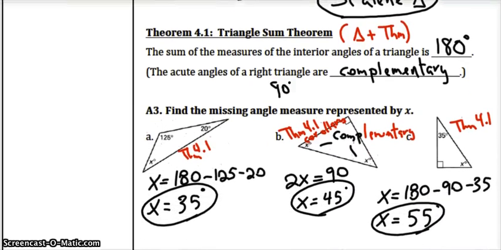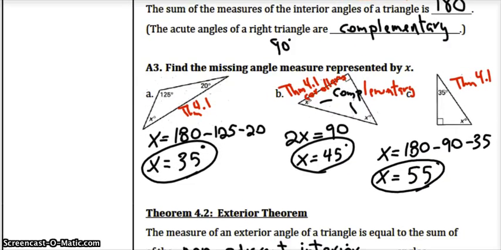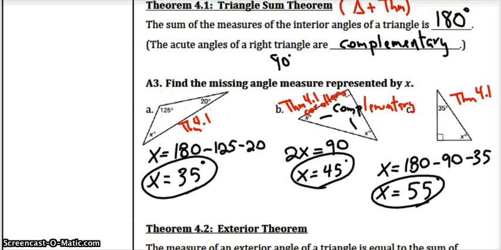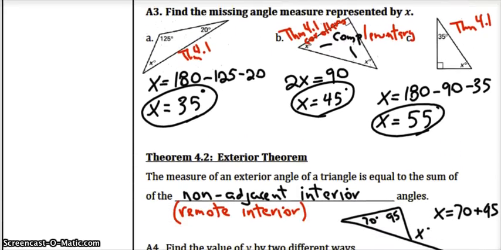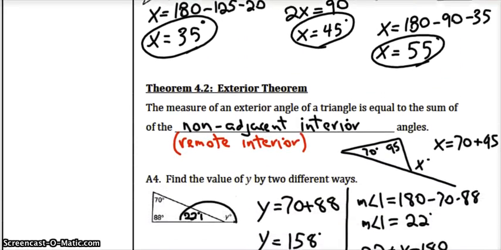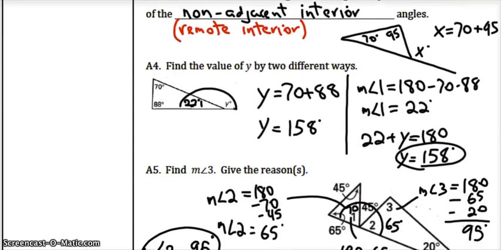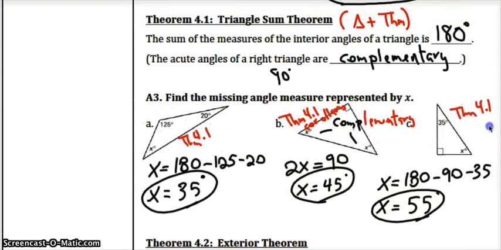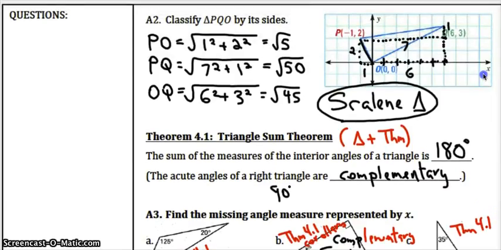Again, the circling deals with the new terminology here. We're probably good here. Find the value, give the reason. So again, just checking here. We've got a little bit on the front page here.